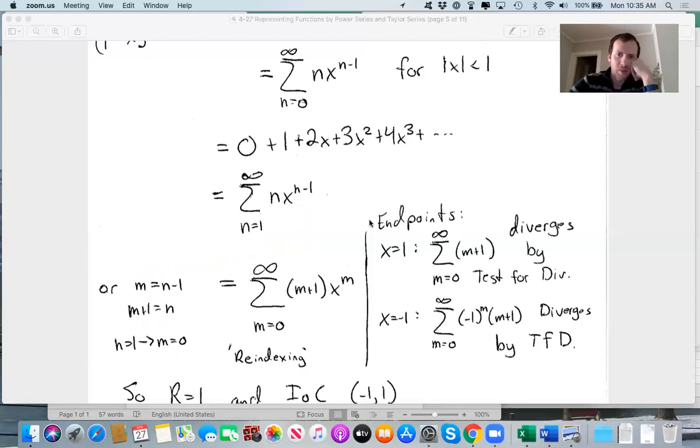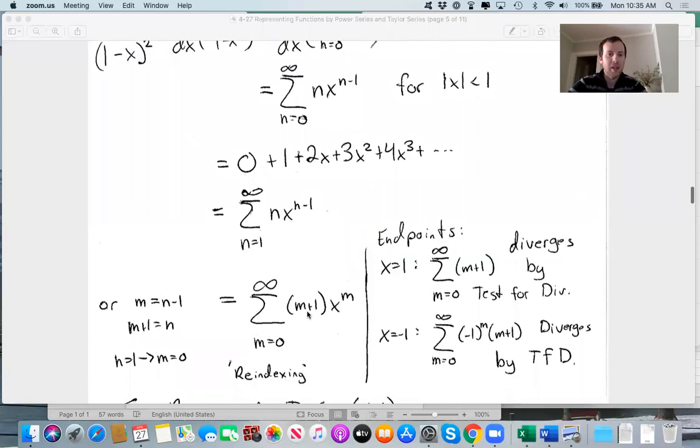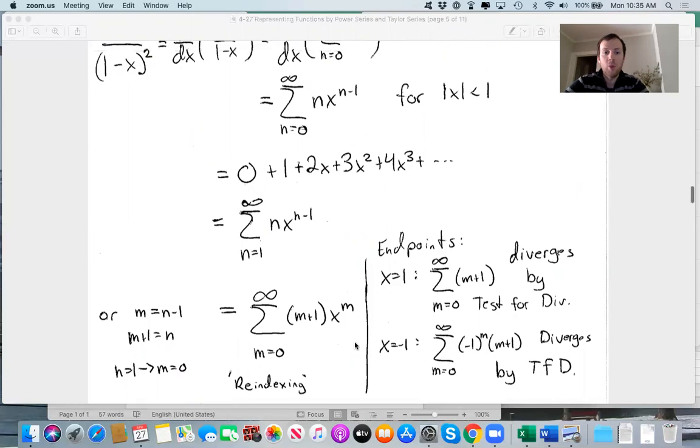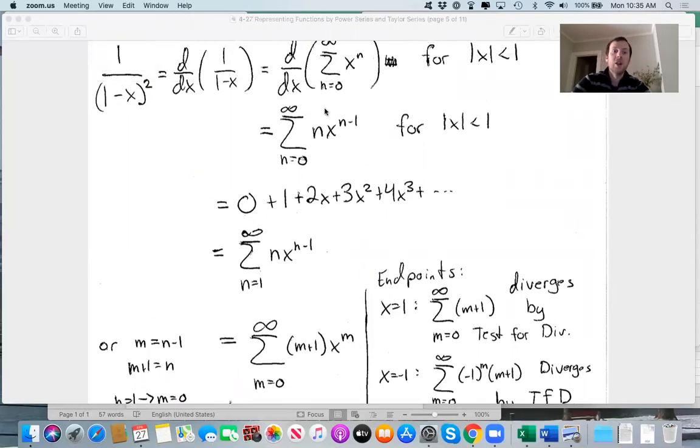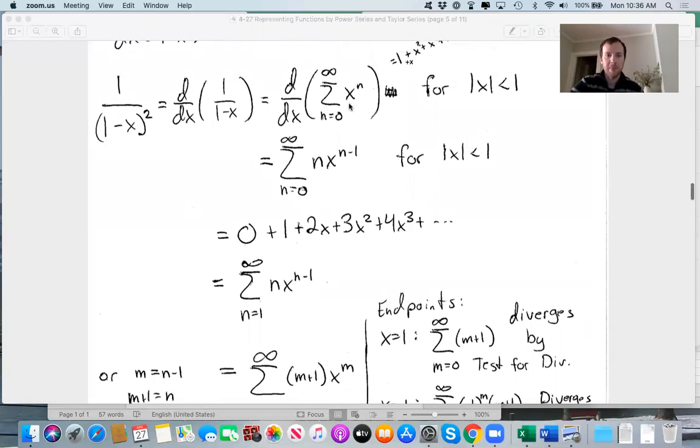This indexing stuff is more cosmetic than anything. But what we do really need to check is, we found this series, we'll take this version, from 1 to infinity of x to the n minus 1 times n. This series represents this function for absolute value of x less than 1, the interval on which the original series worked. But we need to think about what happens at the endpoints.